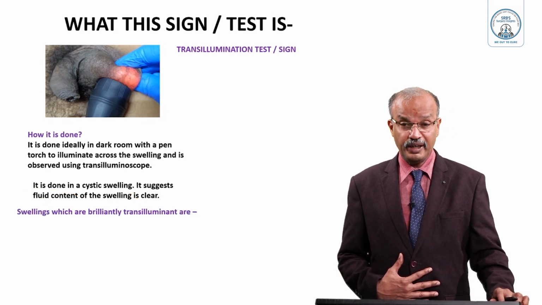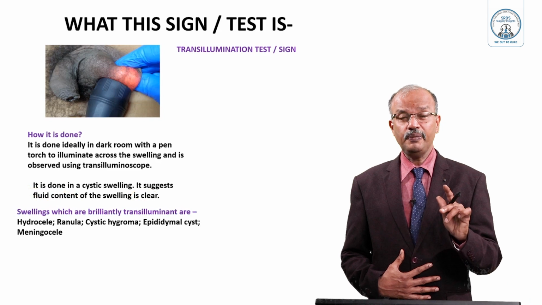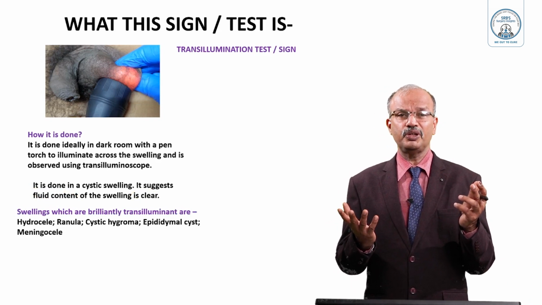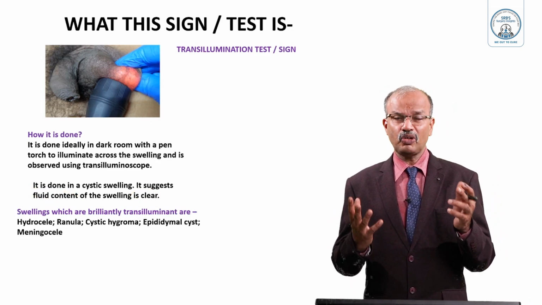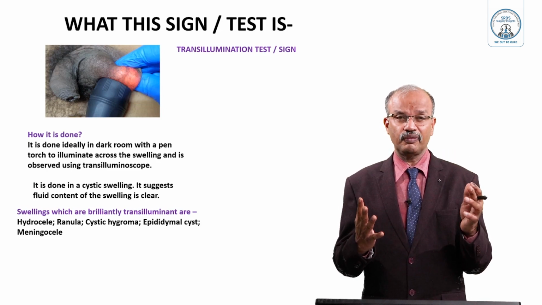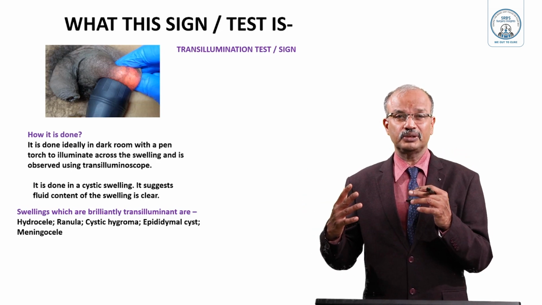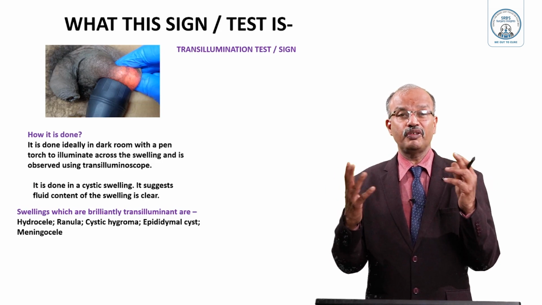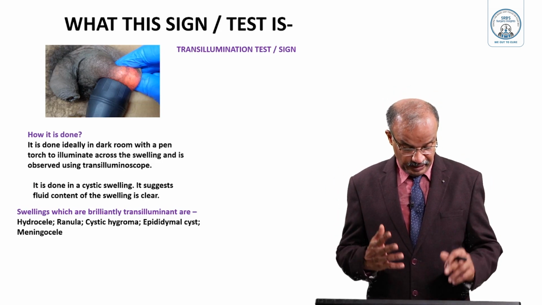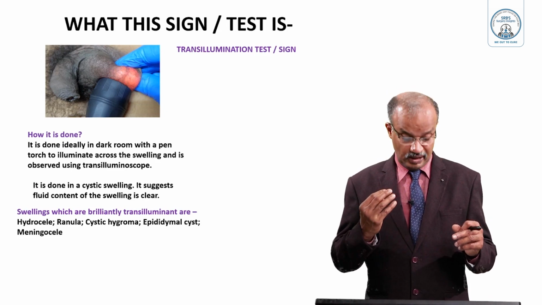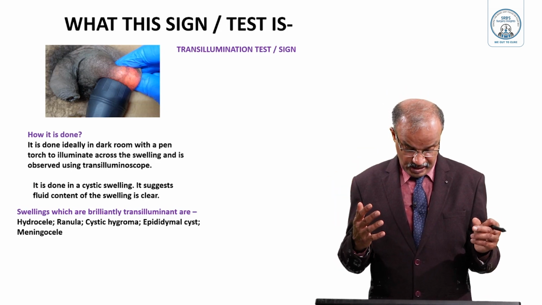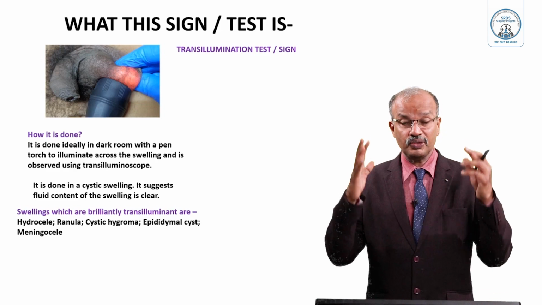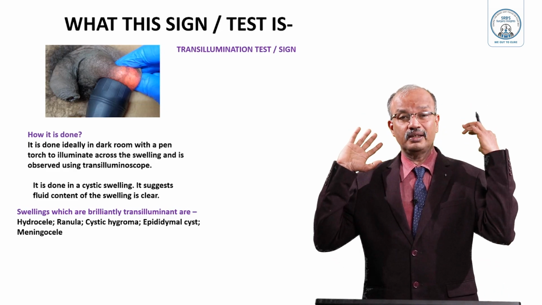Swellings which are brilliantly transilluminant are hydrocele. Not every hydrocele needs to be brilliantly transilluminant. Commonly hydrocele is transilluminant because it contains clear fluid, with certain exceptions: long-standing hydrocele, thick scrotum, thick sac, and if it contains chyle or infected fluid. Others are ranula in the oral cavity, cystic hygroma in the neck, epididymal cyst in the scrotum, and meningocele in the skull and spine.